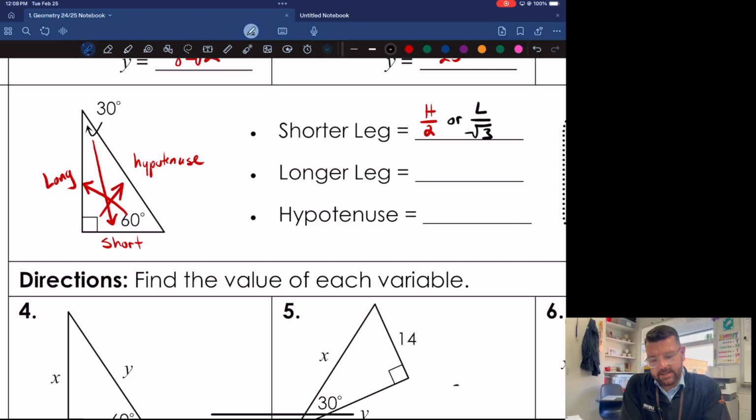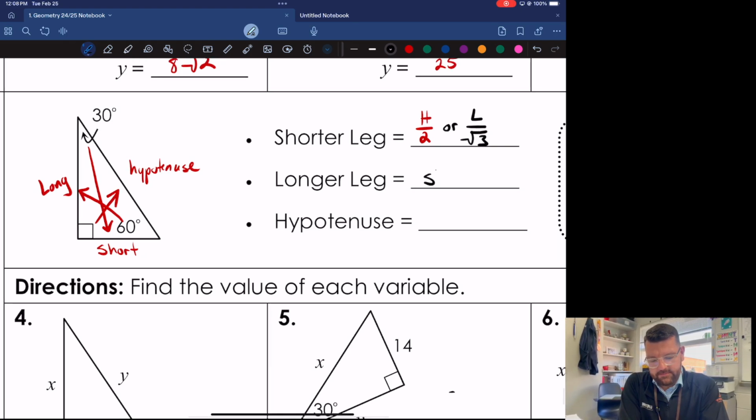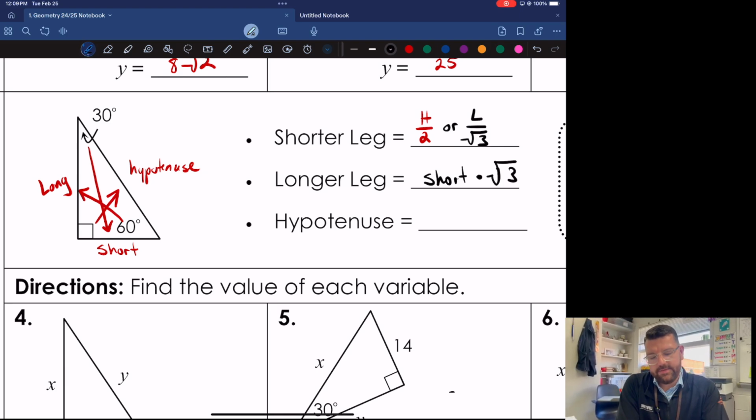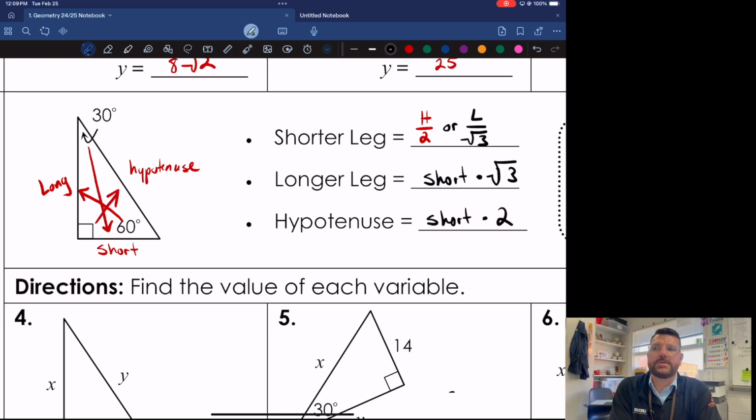The long side can be found by taking the short side and multiplying it by the square root of 3. And the hypotenuse can be found by taking the short side and multiplying it by 2.